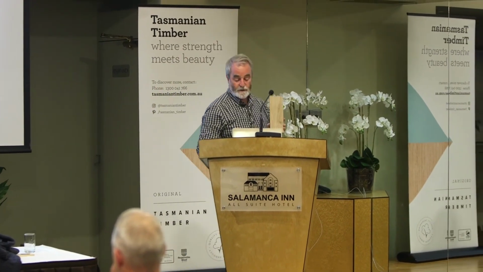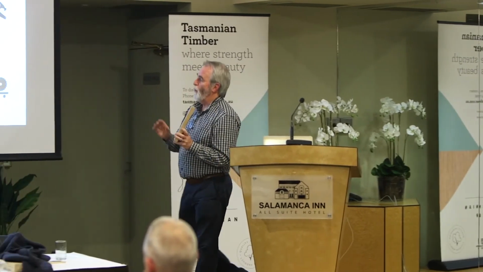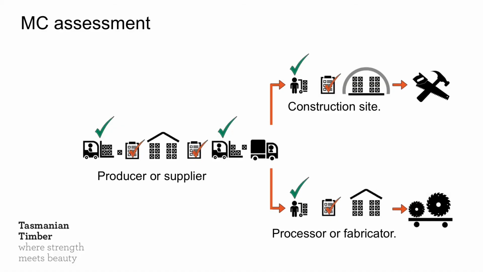They're important considerations. Then, depending upon what your role is, you want to actually be assessing the moisture content of the material at key spots in your production processes, all the way through to site.